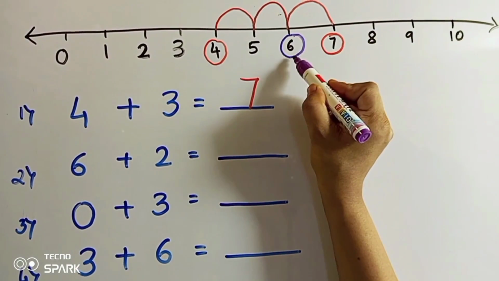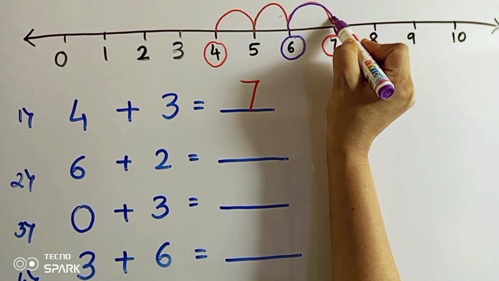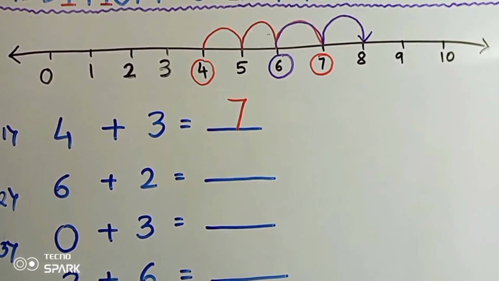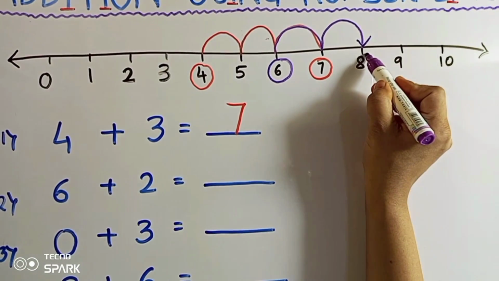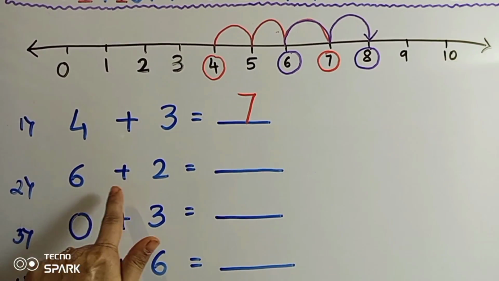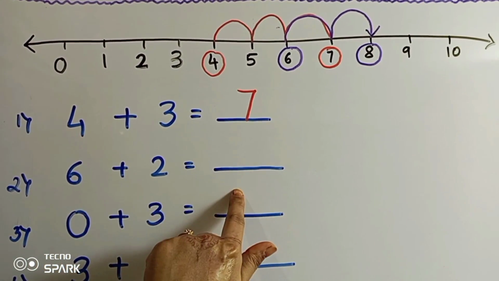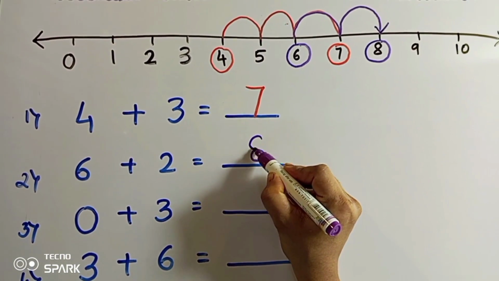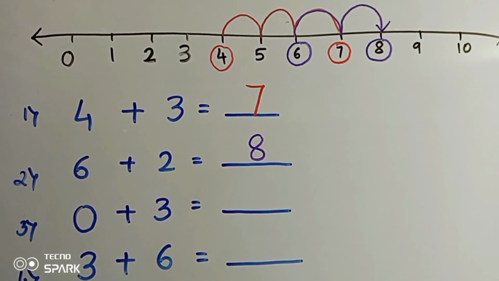So, we are at number 6. So, 1, 2. And where did we arrive? We arrived at number 8. So, the answer for 6 plus 2 will be equal to 8. So, the answer is 8.